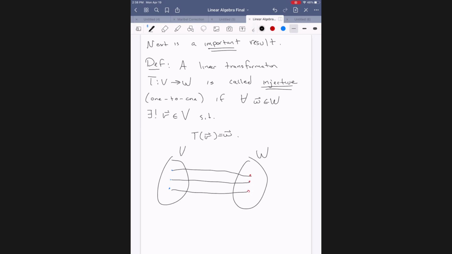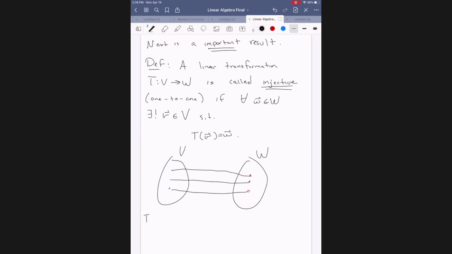Now here is the important part. This theorem would basically give us a lot of things. It turns out that if the kernel, remember how we were computing kernels in the three examples, and one of them had exactly only one thing in it, which was the 0 vector? If that happens, you don't even have to check this definition. Your linear transformation is immediately one-to-one.